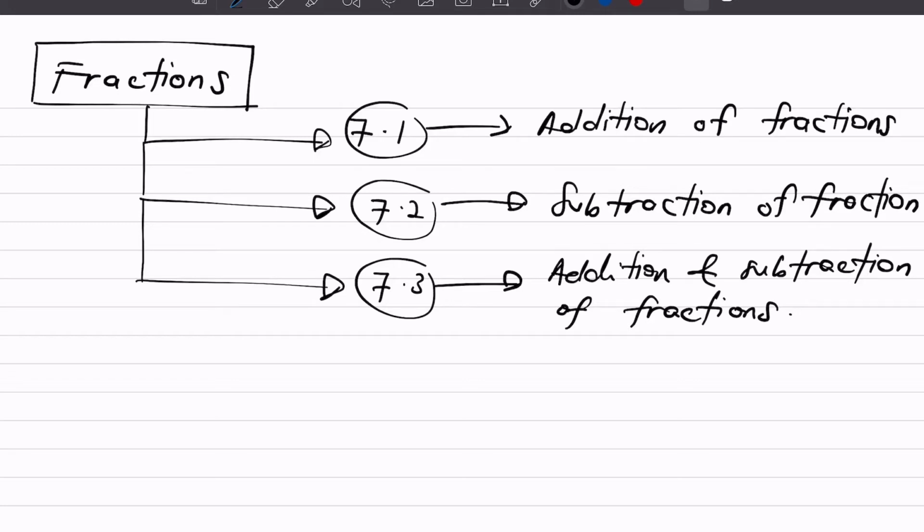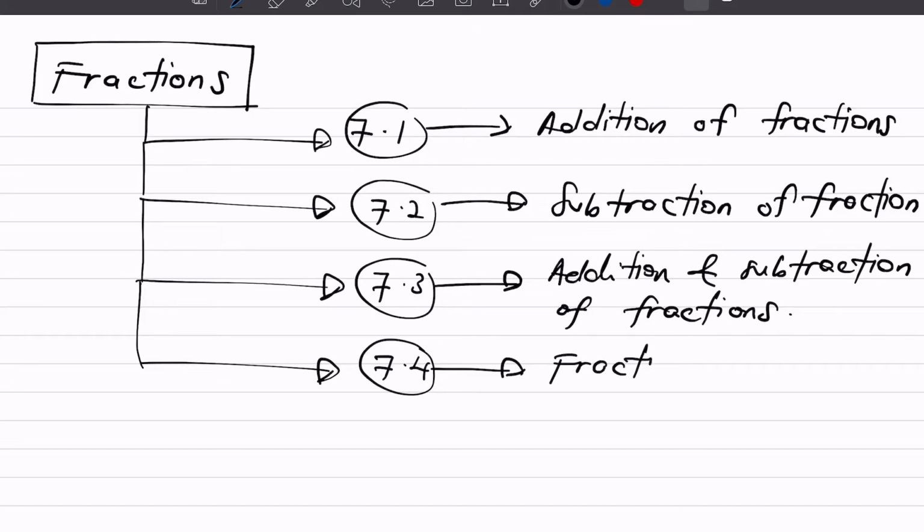And the last one is about fraction of quantity. So these are the 4 parts under the topic fractions.